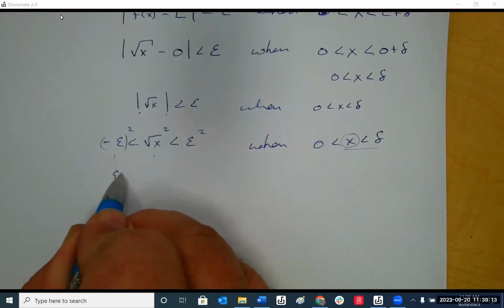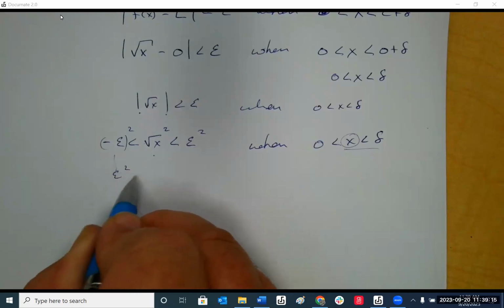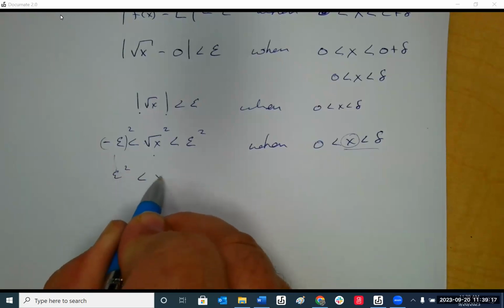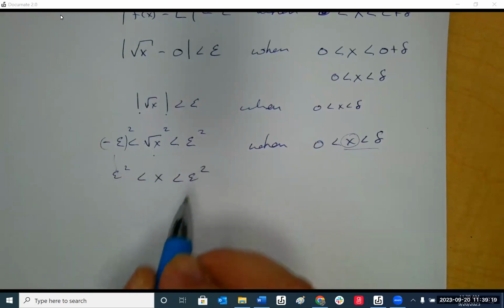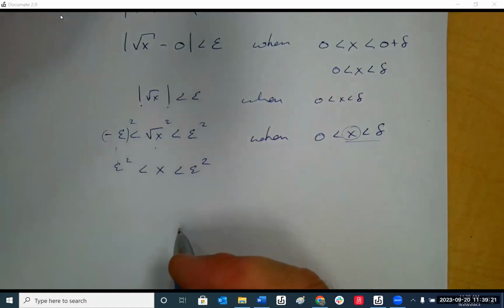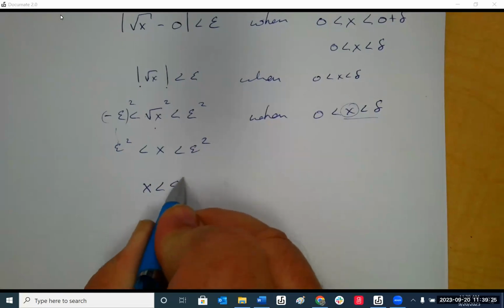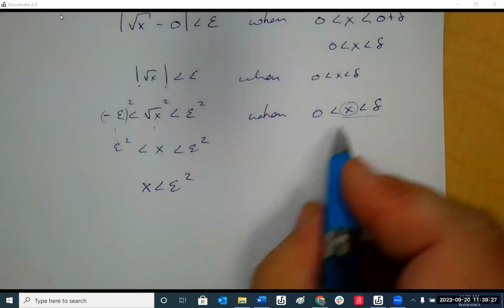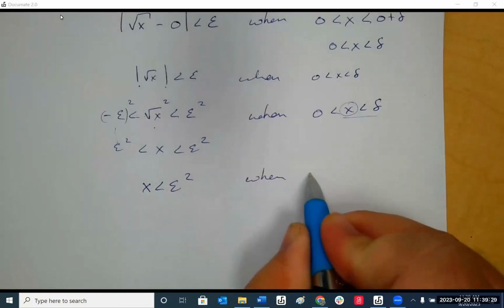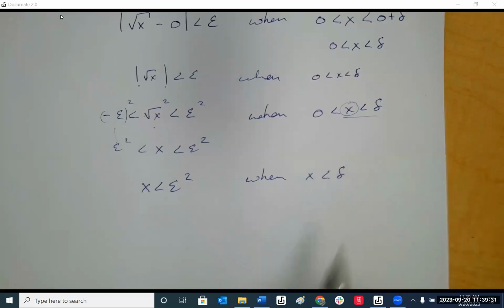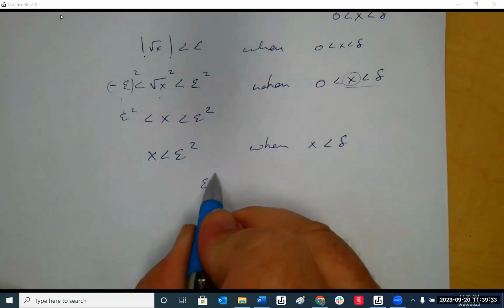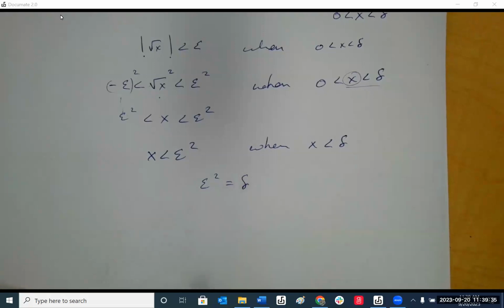So this becomes epsilon squared. When x is less than delta, so epsilon squared is equal to delta.